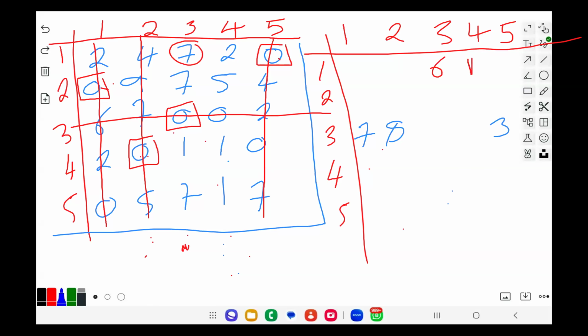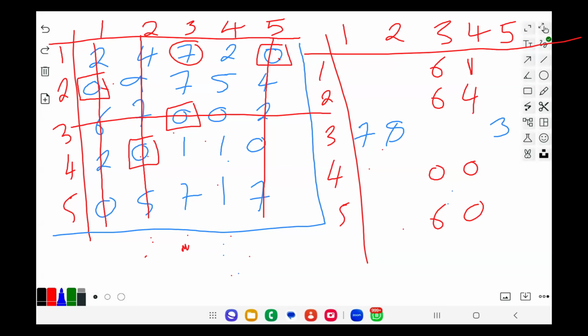Then 7 minus 1, 6. 5 minus 1, 4. Then the other ones we got in row 4: 1 minus 1, 0. 1 minus 1, 0. 7 minus 1, 6. And 1 minus 1, 0. You're following? I'm trying to teach slowly as if I don't know.